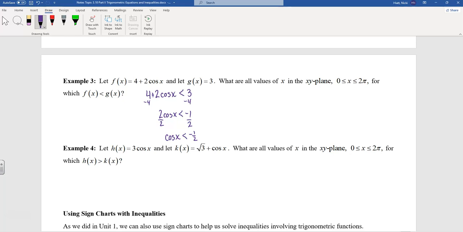Now at this point, if it was an equation, I would just look at the unit circle and give the values where this equals. I really need to think about my whole unit circle here. I want to think about where cosine x is less than -1/2. Cosine is my x coordinate, right?